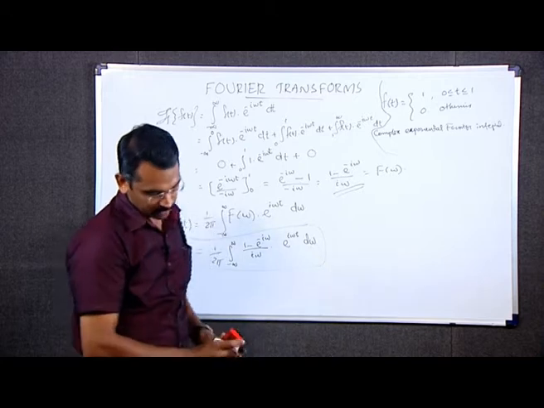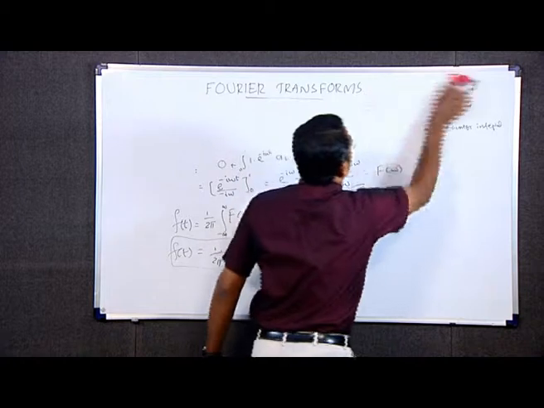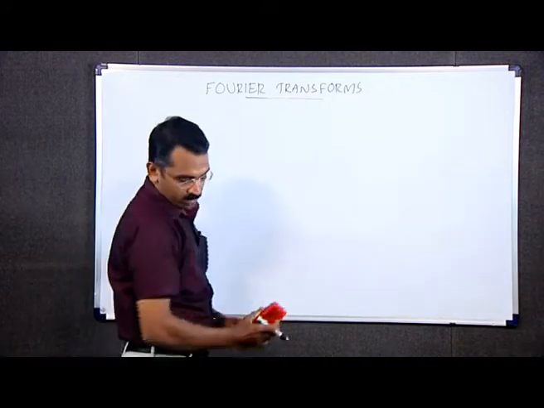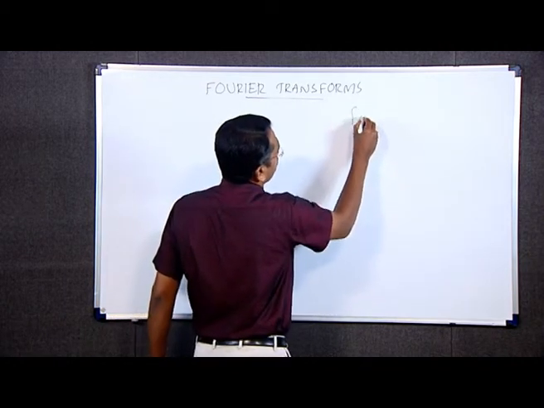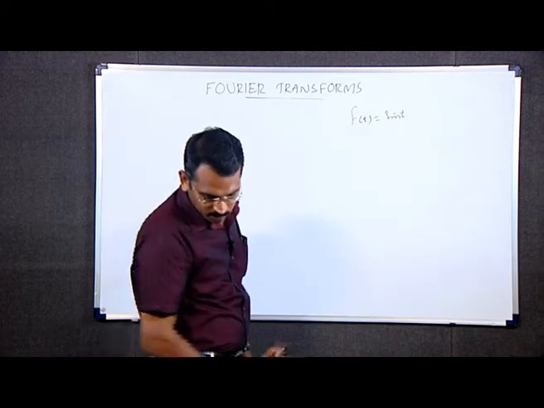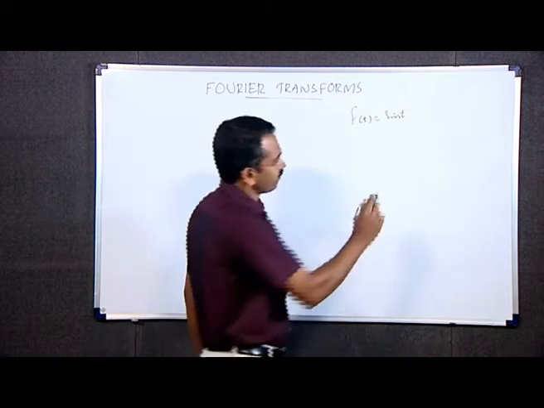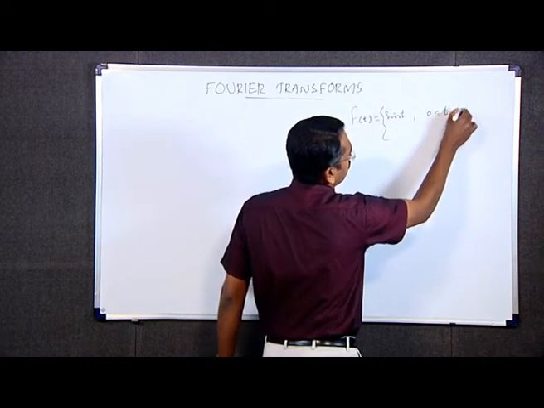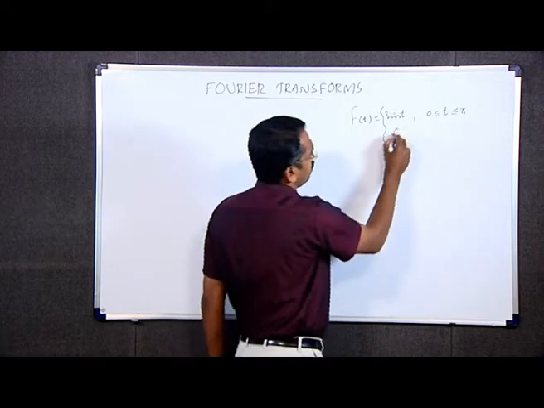Now the next problem is to find the Fourier transform of the function defined by f of t equal to sin t for 0 less than or equal to t less than or equal to pi, and 0 elsewhere.